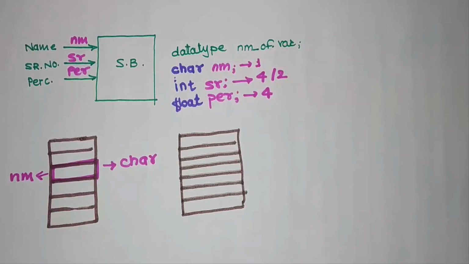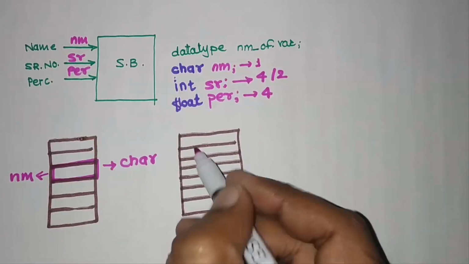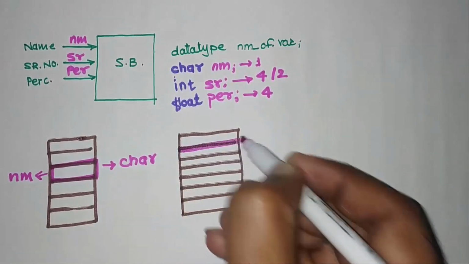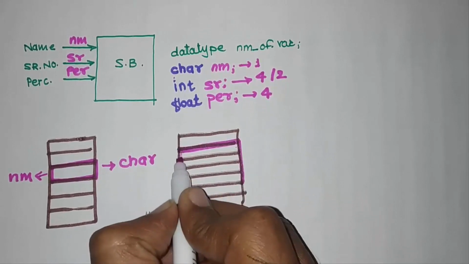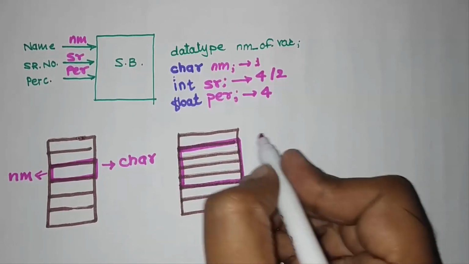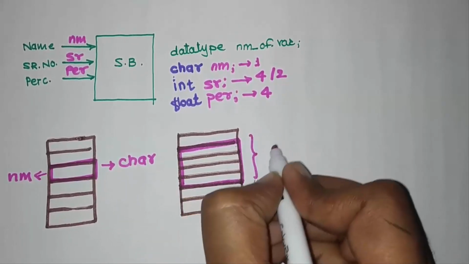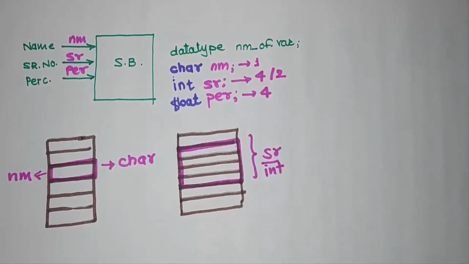Out of this memory, if we are using a 64-bit system, then 4 memory bytes are reserved, say 1 2 3 4, and the name given to this memory is SR, and it is going to hold an integer value. So in this way the data type is going to define the type of data as well as how many memory bytes are reserved to store this value.